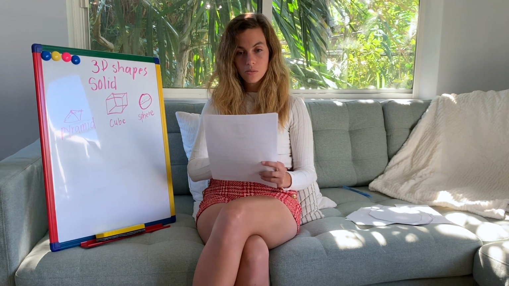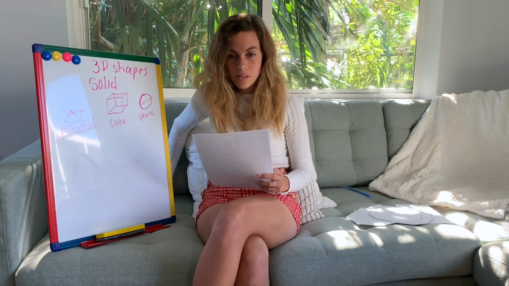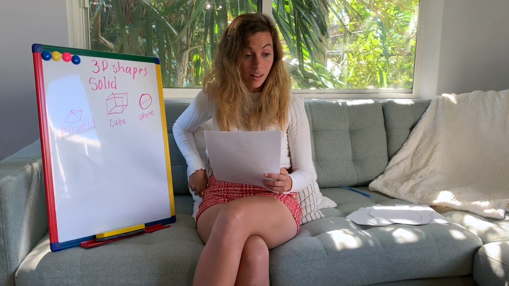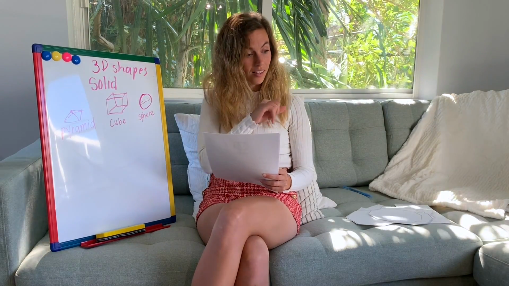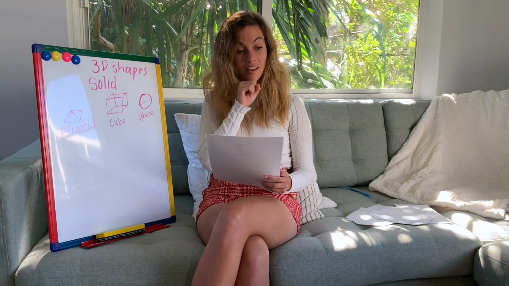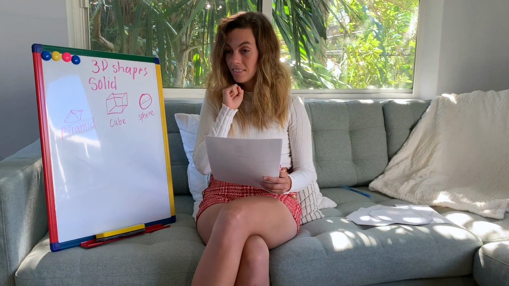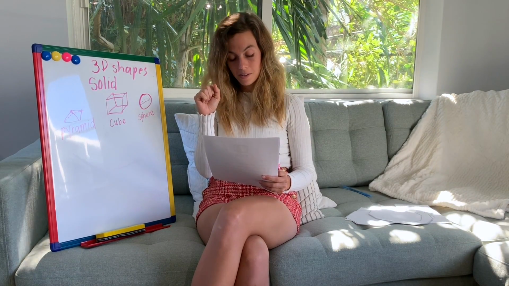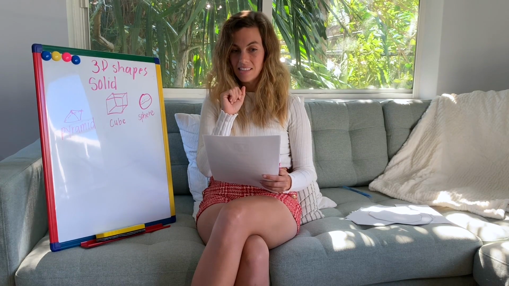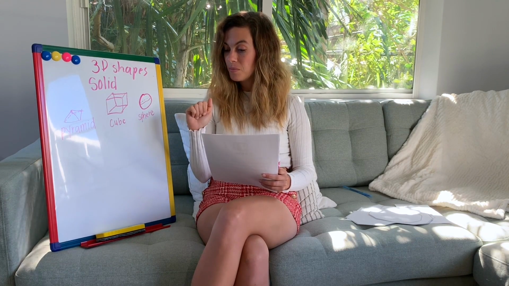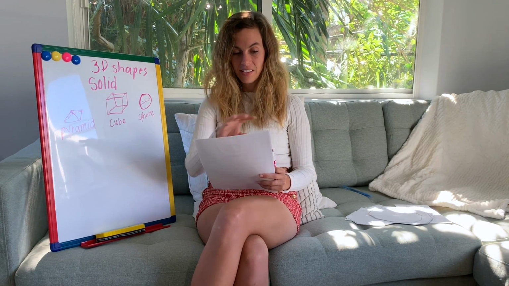Where might you find a sphere? A ball. Good. Oranges. The moon, the sun, planets. Good, very good.